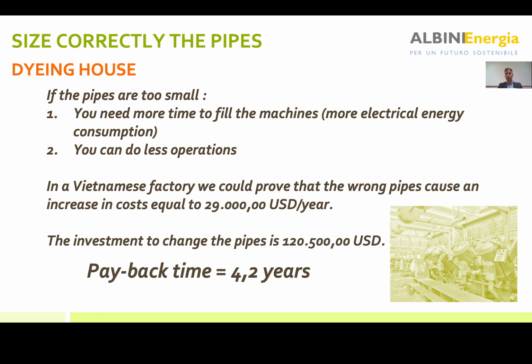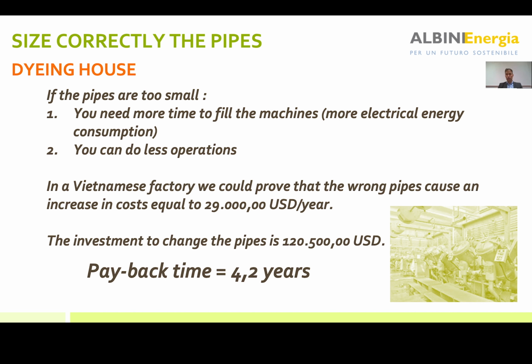So if you change all the pipes in this dye house, be ready to pay 120,000 US dollars. The payback time would be eventually a little bit more than 4 years.